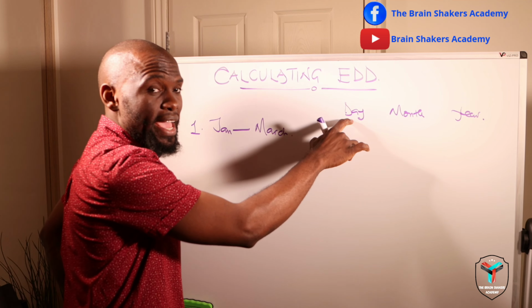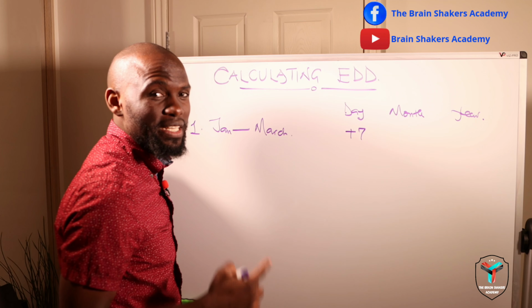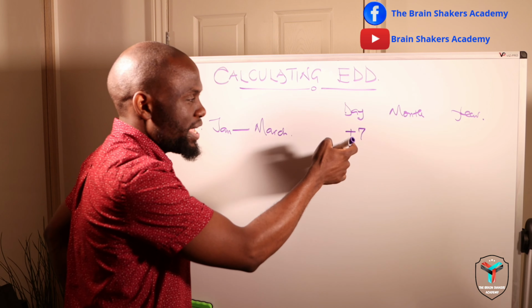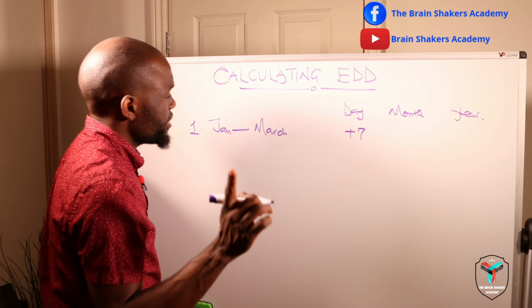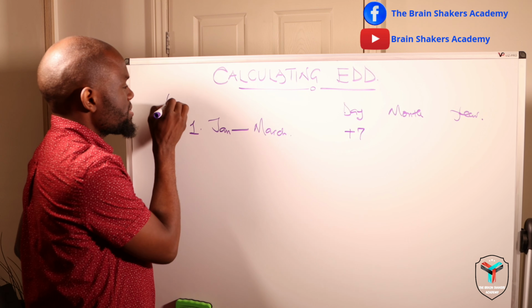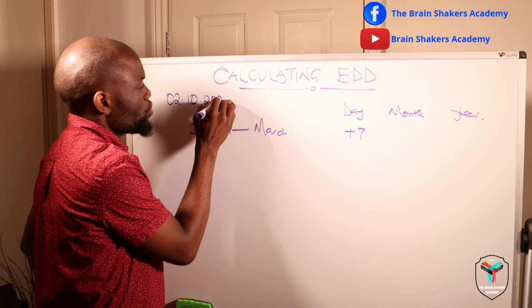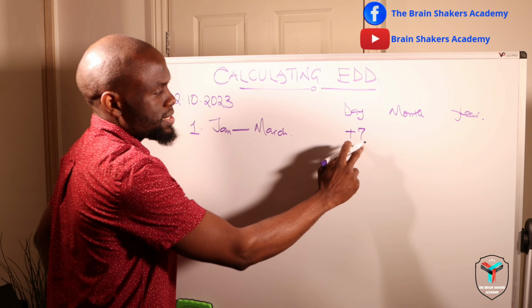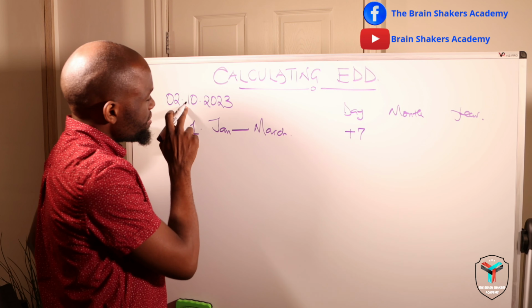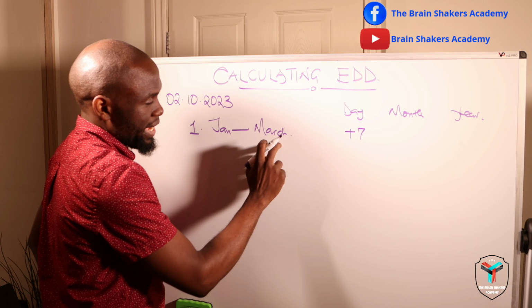then to the day we have to add 7 days to the day of the last normal menstrual period. Let's take, for instance, that we're going to be utilizing the 2nd of October 2023. So to the day we will add a 7, that is, if this month is lying in between January and March.